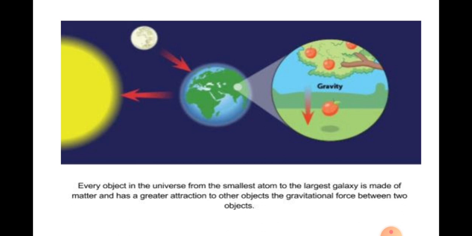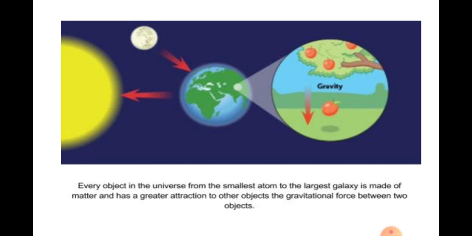And the gravitational pull or the gravitational force becomes very strong only if one of the objects has a huge mass like our earth, and thus the gravitational force between the earth and a stone is very large, which can be detected very easily.